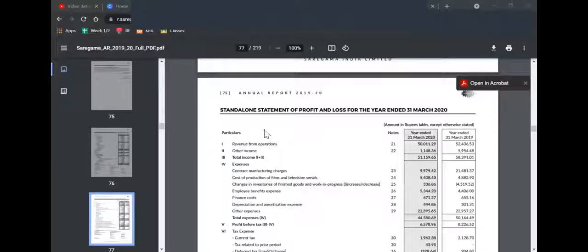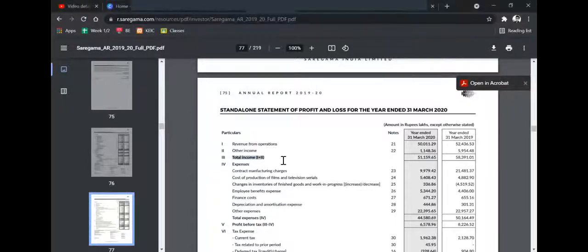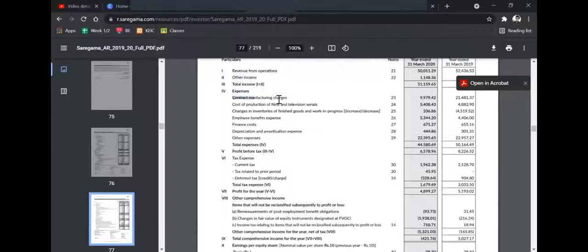Okay, so let me try and see if I can share my screen and show you. Okay, so over here, share my screen. So right now you can see that this is the revenue from operations, operating income, total income, expenses, cost of manufacturing.